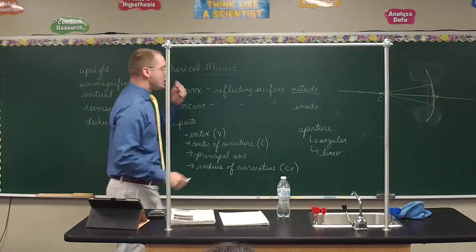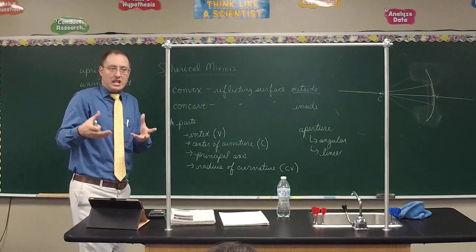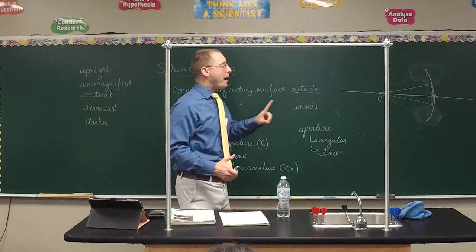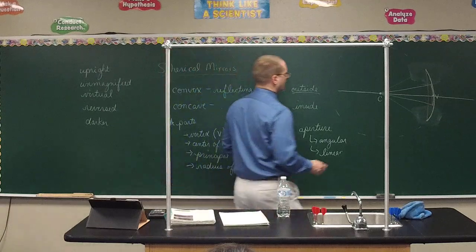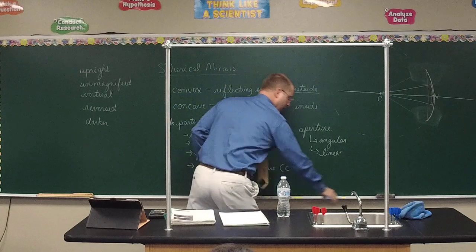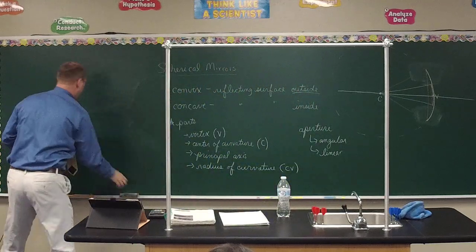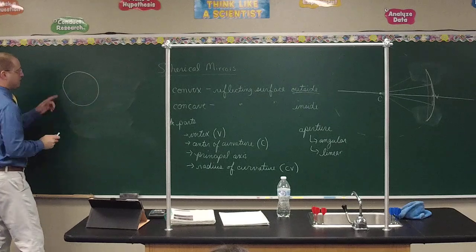So when we think of the linear aperture, we're literally thinking about what's the diameter of the mirror, how big is the mirror, like how a normal person would see it. But the angular aperture actually is more important. For instance, let's suppose I had a, again, my drawing is poor, but we'll roll with it anyway. Let's say we have a circle, pretend that's a circle.